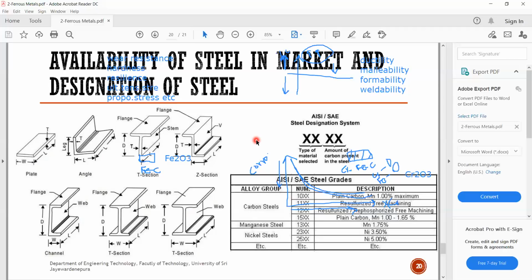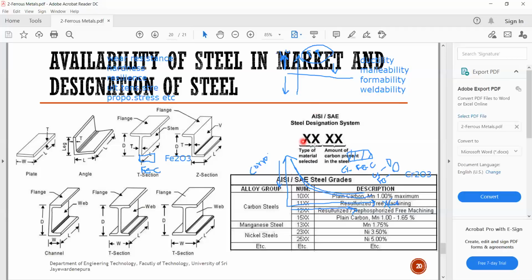And other thing, designation of steel in the market. They have different designations of steel. You can see like this, 4 numbers. So the first two indicate the type of material selected, whether it is a carbon steel or manganese steel or nickel steel. According to that, the first two numbers are 10 or 11 or 12 or 15. That means you can think, okay, this is carbon steel material, right?